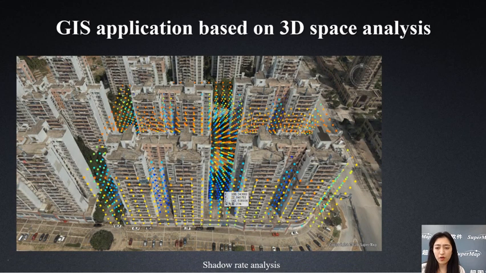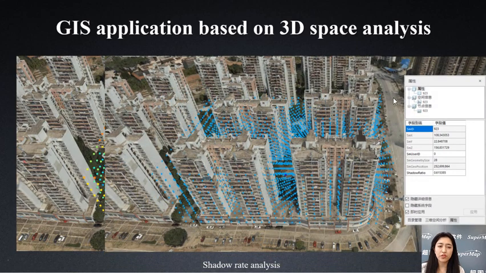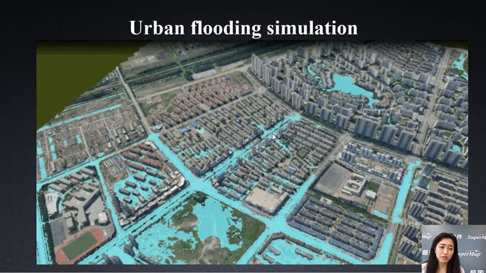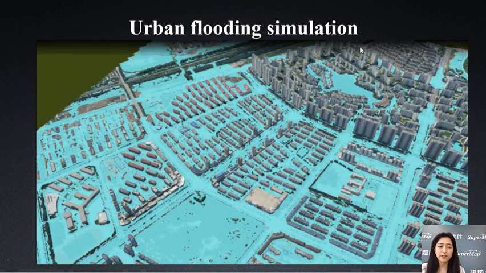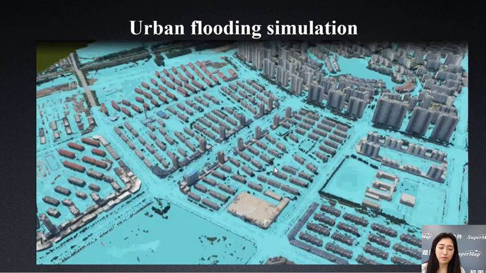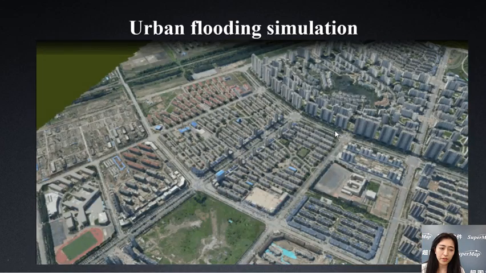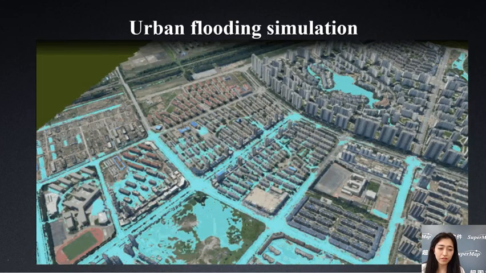And the 3D points of each analysis point can be exported, and the result of the shadow ratio analysis can also be exported. So we could use oblique photography model data to do this shadow analysis, and to do this urban flooding simulation. We could see that is a simulation of the flooding.